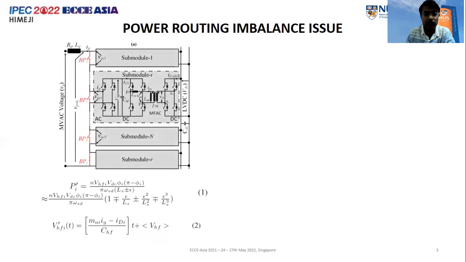Now, let us look at the power routing imbalance issue. First, in the case of the two-stage conversion strategy. So here in equation 1, the power transfer equation is given for a submodule i. As can be observed, in the denominator, there is a term of the interbridge inductance of the DC-DC DAB.